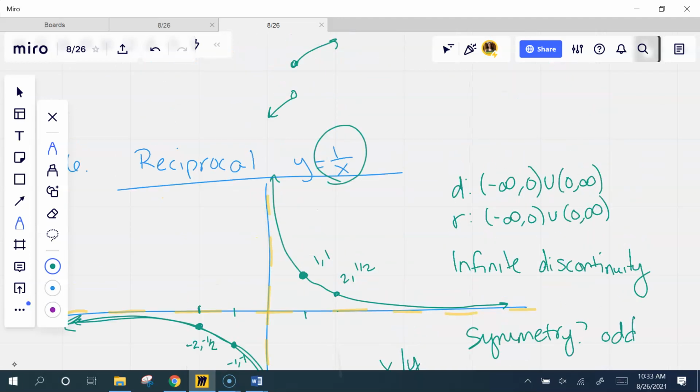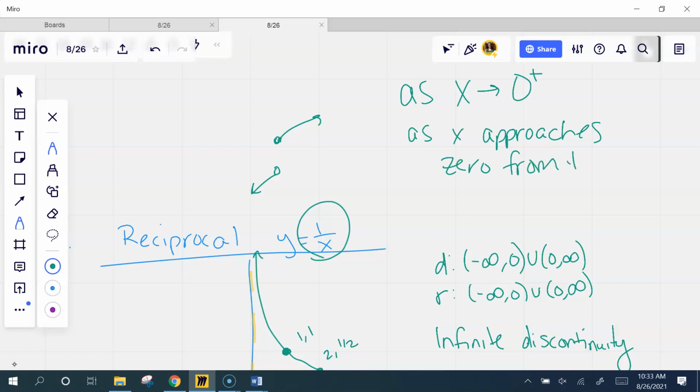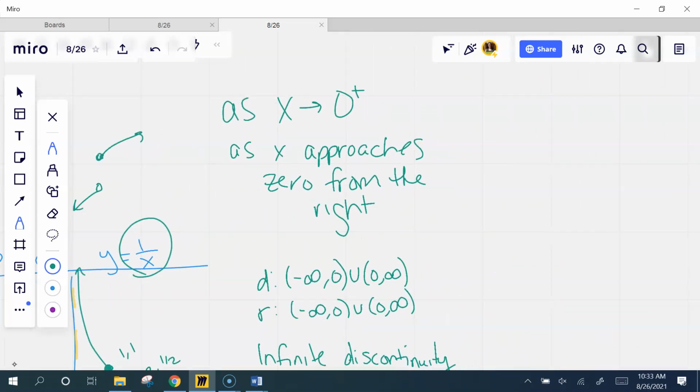So what this means is, as x approaches 0 from the right.